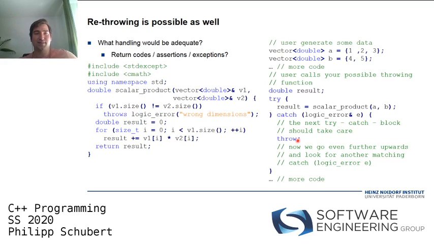That basically means rethrow: throw the exception even further up the call stack, and then you would try to find the next exception handler which also catches a logic error. So you would go even further back when you rethrow. That's also possible. There might be some use out there, but I never really used it. Either I handled it correctly or I didn't, but maybe you find some application for that at some point.